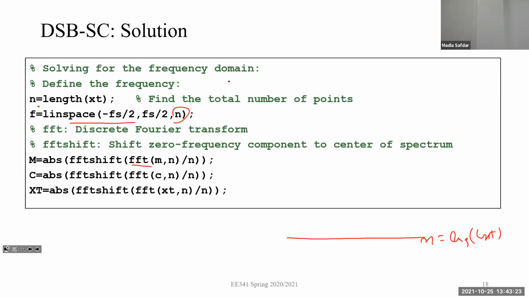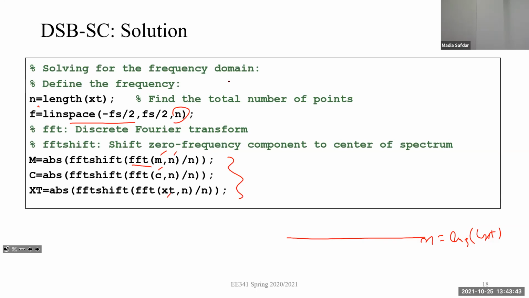You remember what this linspace is doing? Equally spaced scale. Then I will take FFT of, so these are three commands here. One is for message, one is for carrier, one is for my modulated signal.